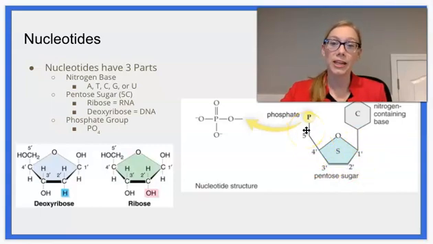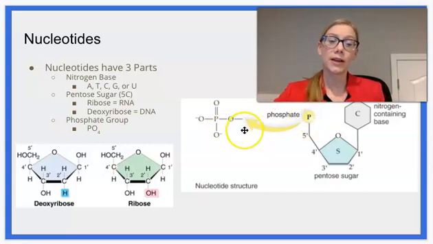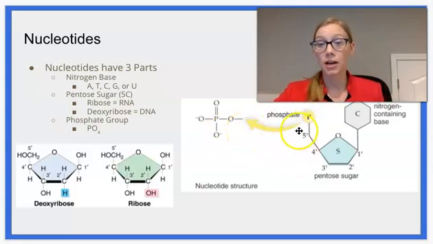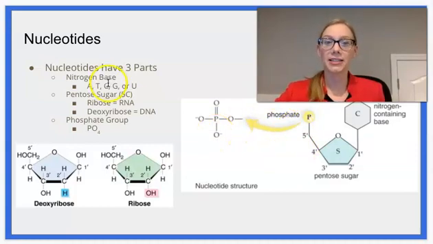That's how we label the carbons, and it's really important when we figure out how DNA replicates. Then they also have a phosphate group that comes off the 5 carbon in both DNA and RNA. So that was just a quick rundown of nucleotides.